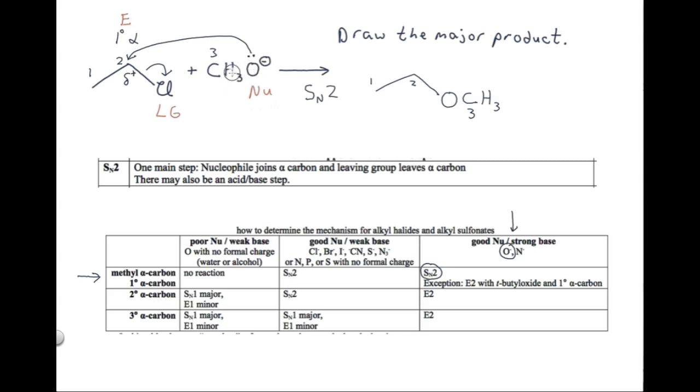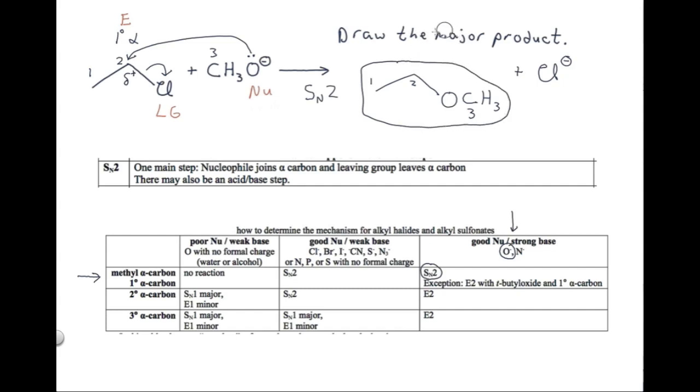We would only break a covalent bond if there was an arrow that told us to break that bond. There's no electron pushing arrow telling us to break the bond between the oxygen and carbon 3, so they should still be attached in this picture. Then this arrow tells us to break the bond between carbon 2 and the chlorine. The chlorine started neutral and gained electrons, so that chlorine ends up with a negative formal charge. Here's the product the professor would probably care about.